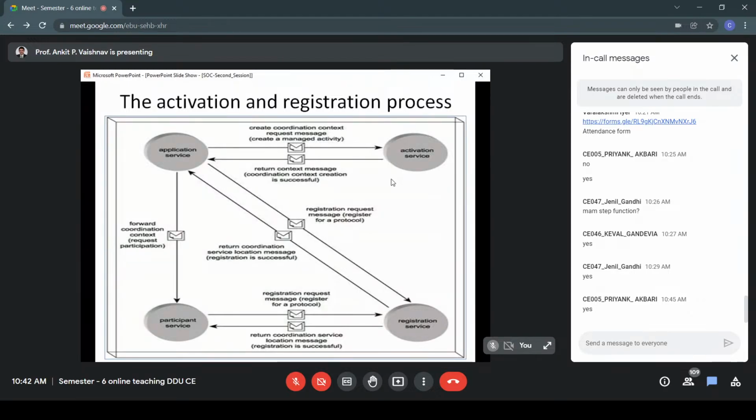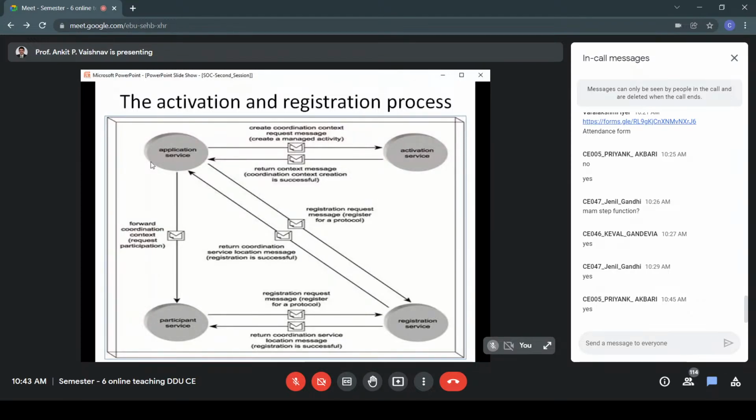So basically, any service from your framework which wants to initiate the communication, or which wants to initiate the task, that will be calling the activation service. Activation service will be responding with the return context message, and it will provide the context information. And then the application service can invite the others.